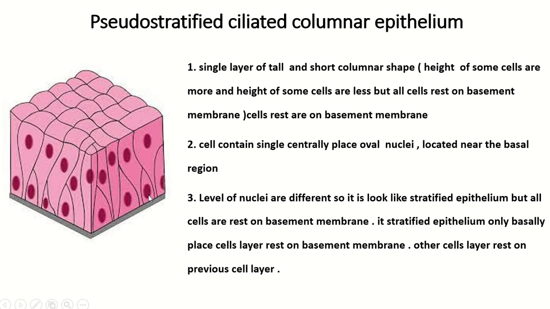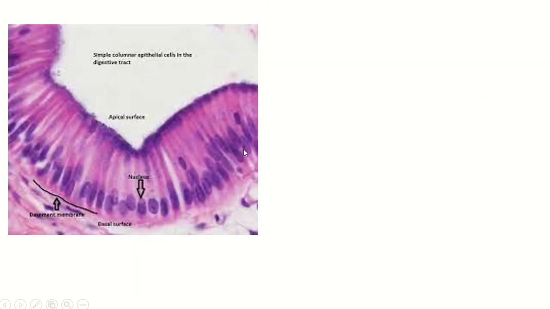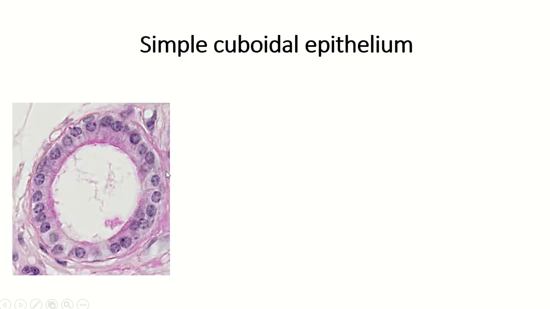The pseudostratified ciliated columnar epithelium is also a simple epithelium, but two shapes of cells are present. Some cells are short and some cells are tall, but all rest on the same basement membrane. But the level of the nuclei is not the same. In other epithelial tissue, the level of the nuclei is the same.